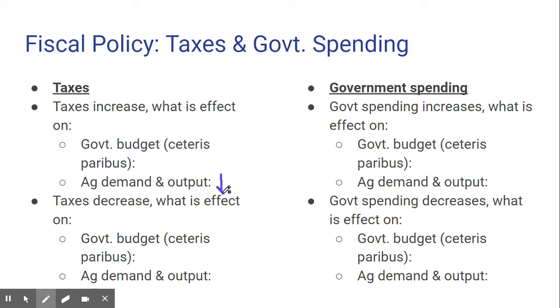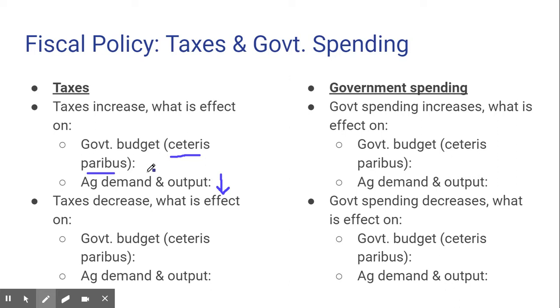So aggregate demand would fall, and we're assuming here, ceteris paribus, all other things equal, meaning that the government is just taking this money in and they're not going to spend it. In a little bit, we'll talk about a combination of the two, of spending and taxes. But for right now, we're just focused on one. The government is just taking money out of people's pockets and then holding on to it themselves.